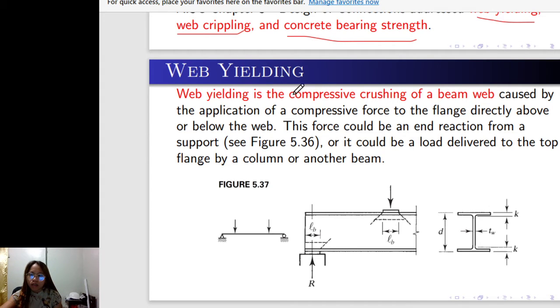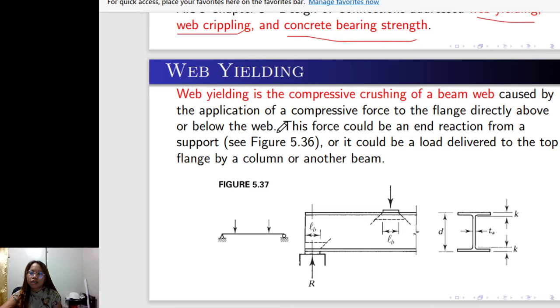So the critical part here is the web, because of the application of compressive force directly above or below the web.